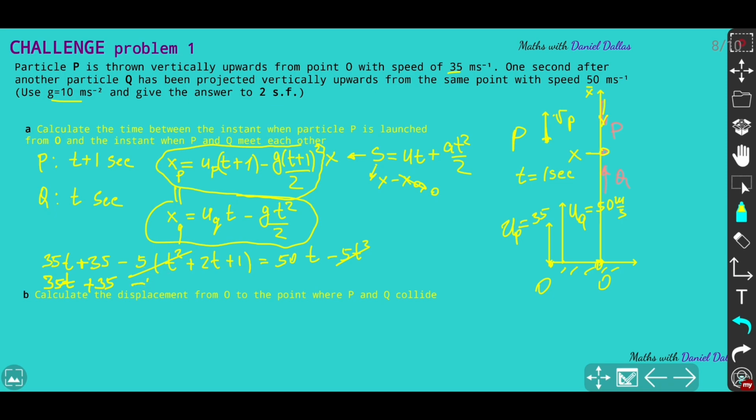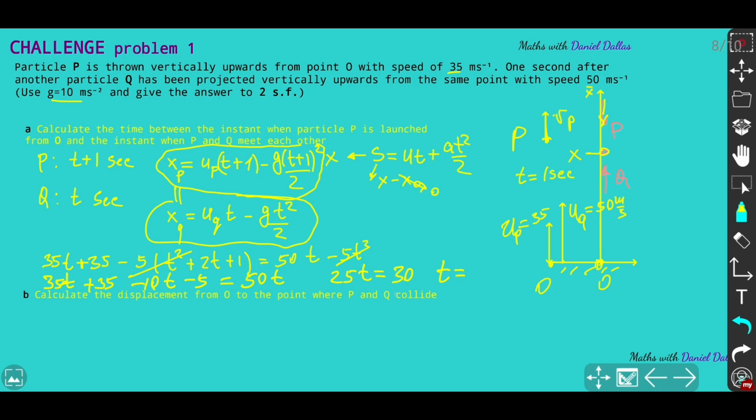And on the right side, we have only 50t. From where 35t, minus 10t and minus 50t will give you 25t, which is going to be equal to 35 minus 5, so 30. From where t is going to be 30 over 25, which gives you 1.2 seconds.